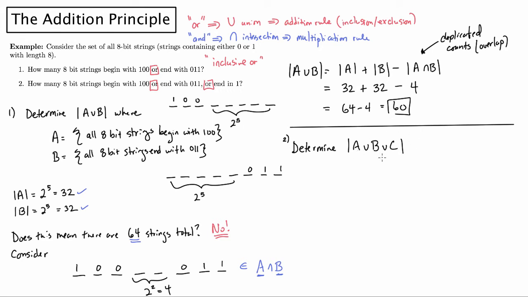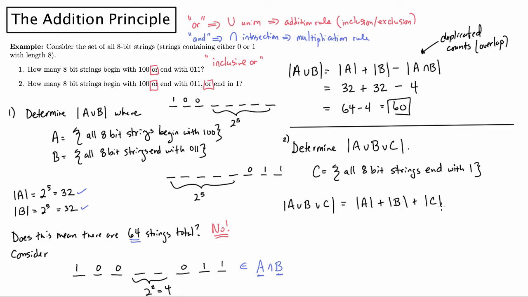But I want to determine the size of this three-way union, and the easiest way to go about doing that is to take the sets A and B that we had before, those are still in play, and then I want to add to it the set C, which is the set of all 8-bit strings that end with the element 1. So now that we have that set in tow, if I look at A union B union C and just kind of plow right ahead the way we've been doing the previous problem, I'm going to add each of the sets individually.